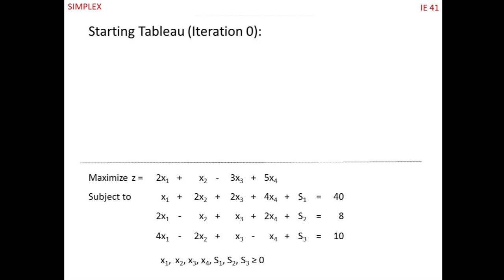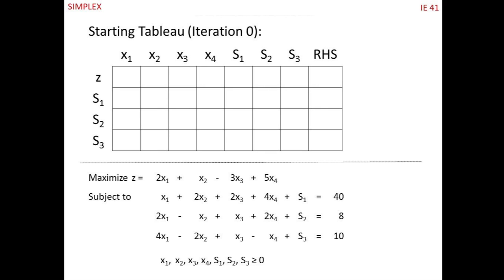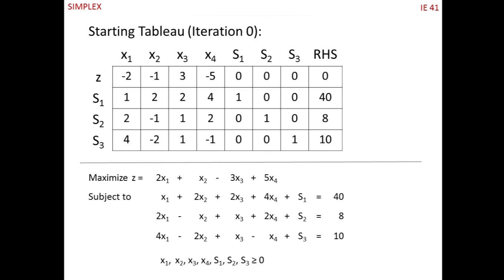Iteration 0. Build your own starting tableau by making an m plus 1 times n plus 1 table, where the first row represents the objective function and each succeeding row represents a constraint. The columns are labeled as variables except for the last column, which is labeled as RHS, or the right-hand side of the constraint.